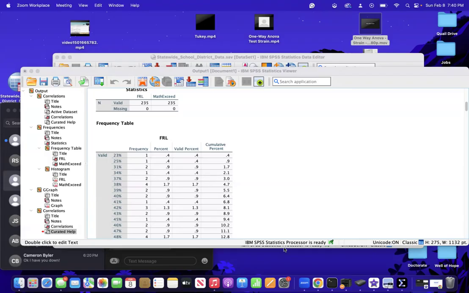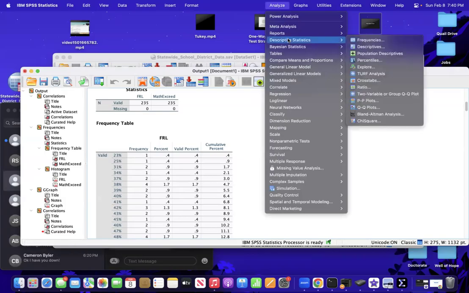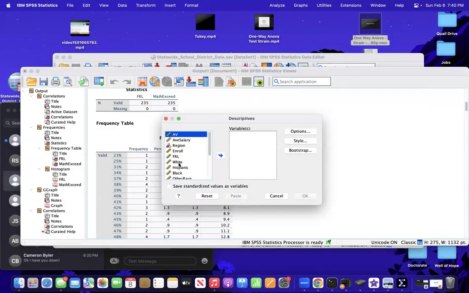To get our histogram, we're going to go up to Analyze, Descriptive Statistics, then Frequencies, and then again move the variables to the box. So we'll move free and reduced lunch, and we'll do math exceed.